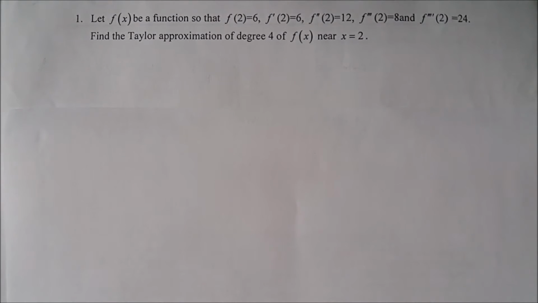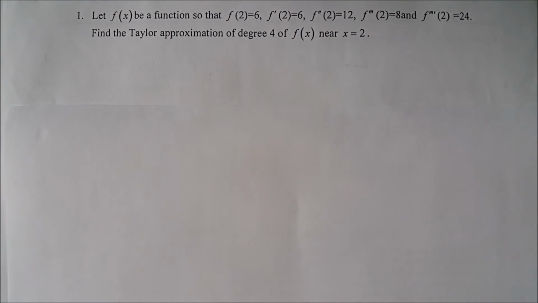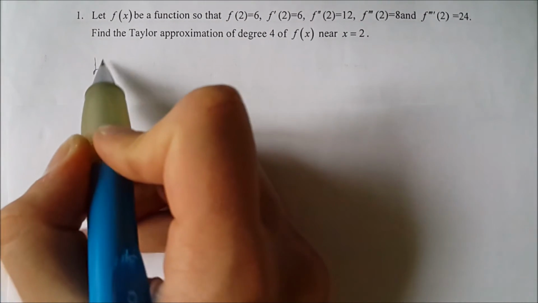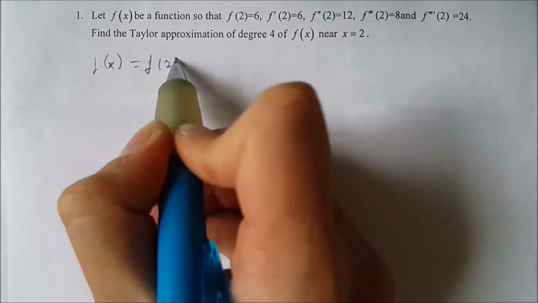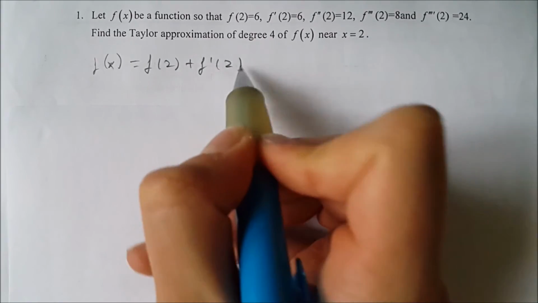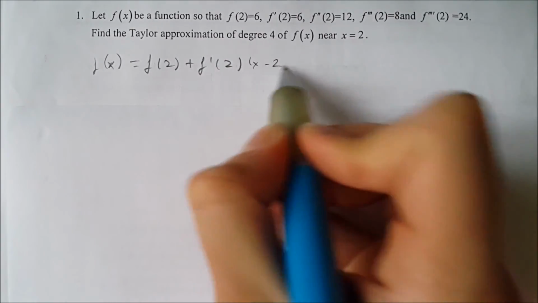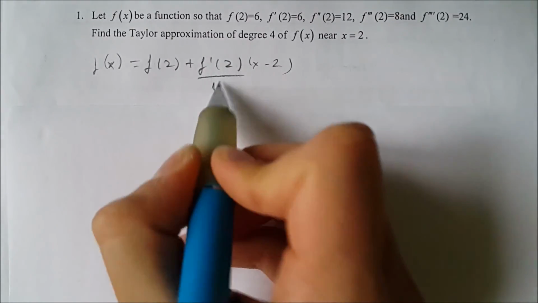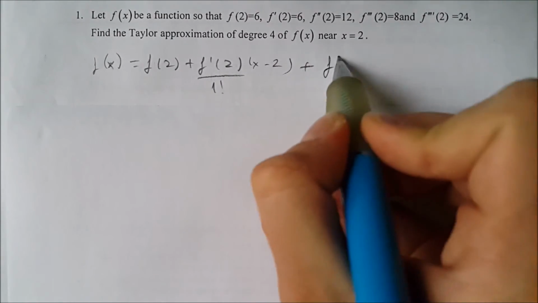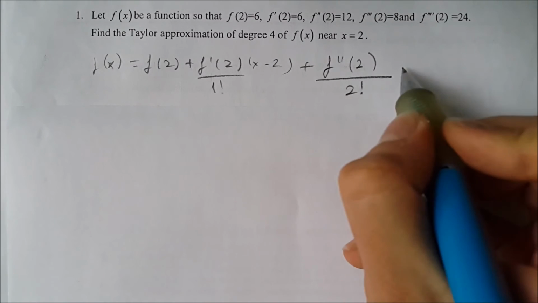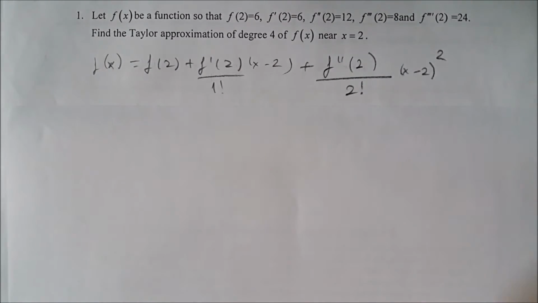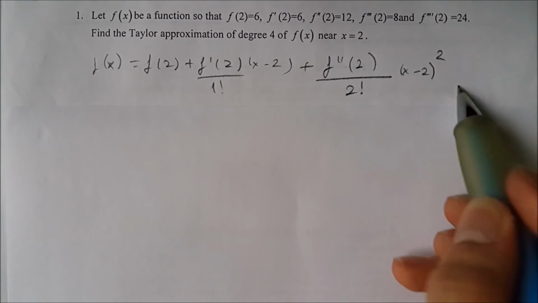At x equals 2, the Taylor approximation of this function would look like this: f of 2 plus f prime over 1 factorial, plus f second derivative over 2 factorial times x minus 2 squared, and then it goes on like this.